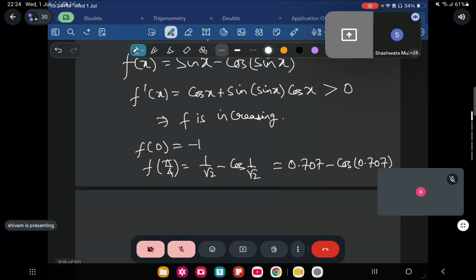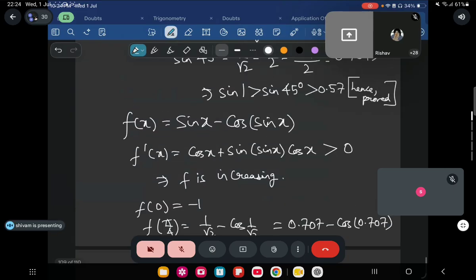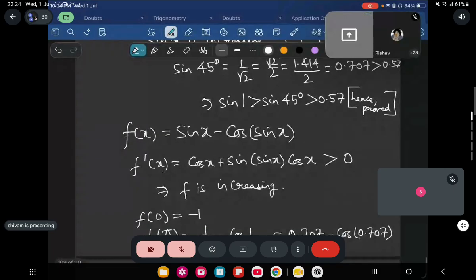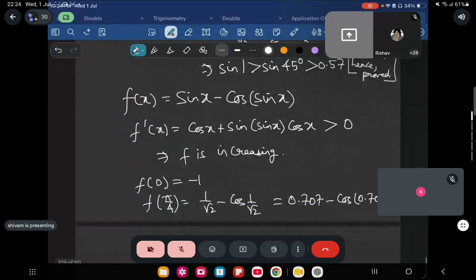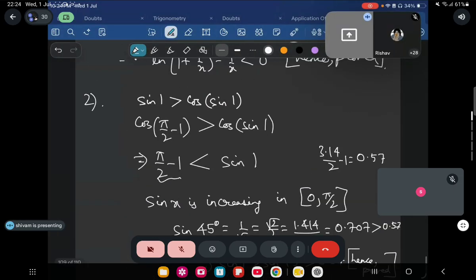The differential argument of cos is very small, so it will be tending to 1, no? I have got f of x increasing. F dash x is greater than 0. F of 0 is -1.